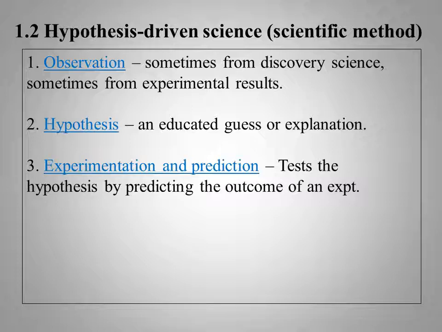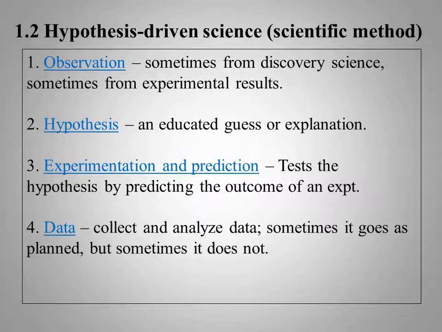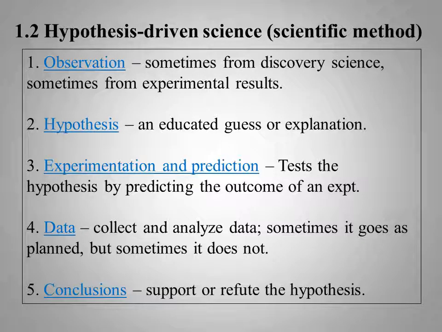This is when you test your hypothesis by predicting the outcome of an experiment. Fourth, it's data collection, in which you collect and analyze data. Sometimes things go as planned, sometimes they do not, at which point you then can draw your conclusions. And your conclusions either support or refute your hypothesis. We do not say that they prove or disprove, but we rather use the term support or refute.